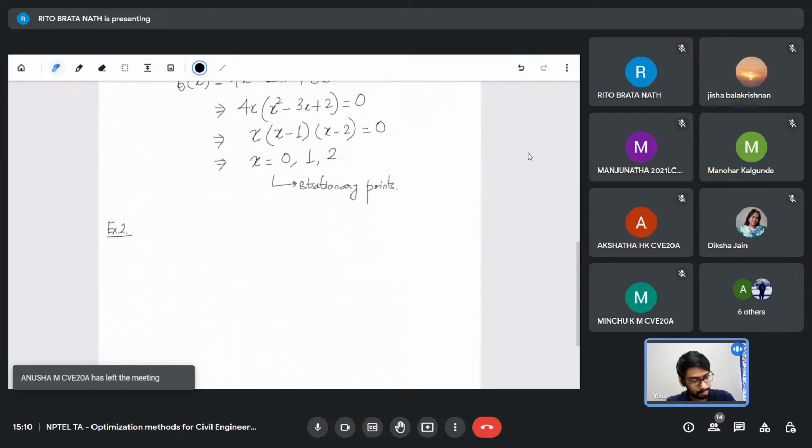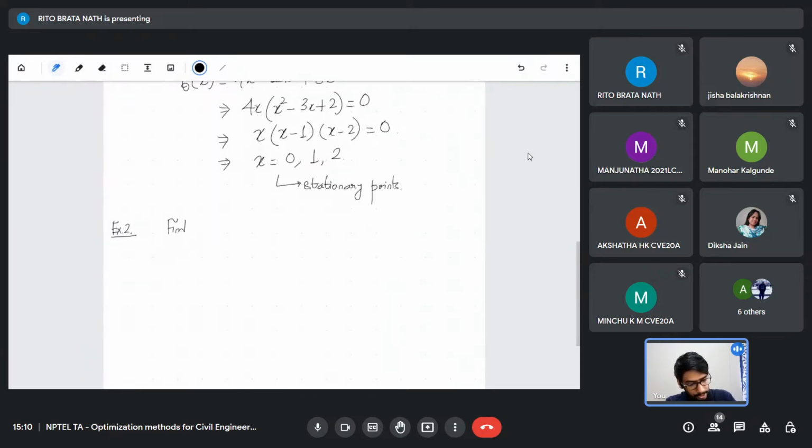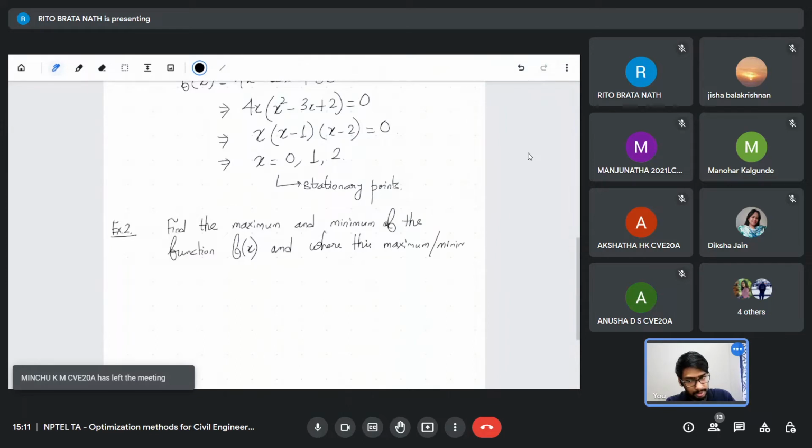Find the maximum or minimum of the function f(x), and where this maximum or minimum occurs.